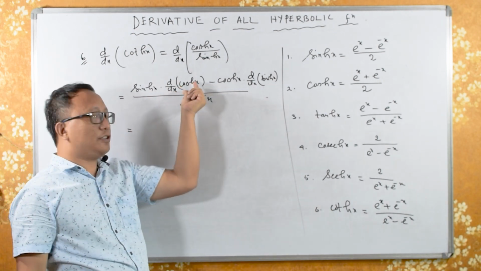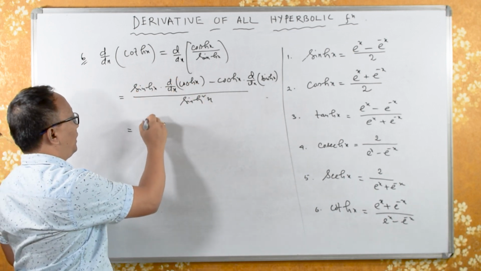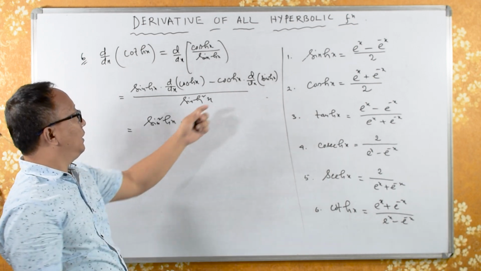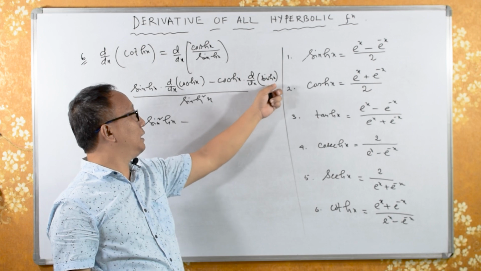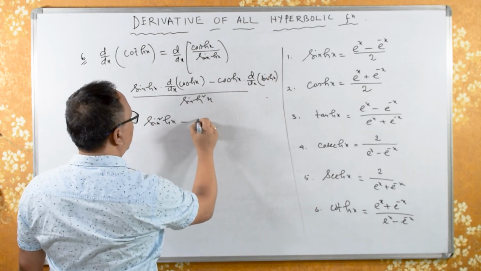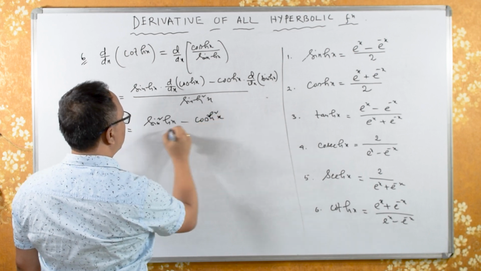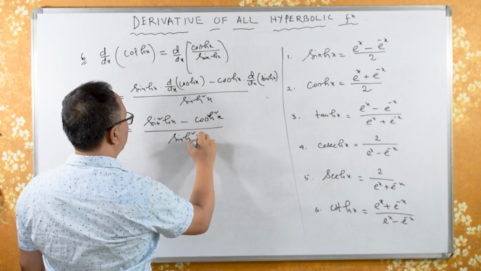Here, d/dx of cos hyperbolic x is sine hyperbolic x. Sine into sine is sine square hyperbolic x, minus cos square hyperbolic x, upon sine hyperbolic square x.